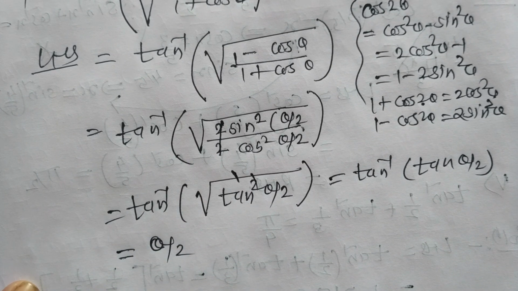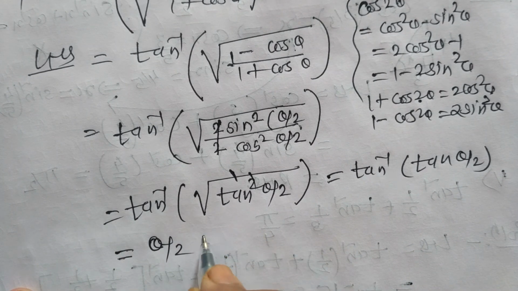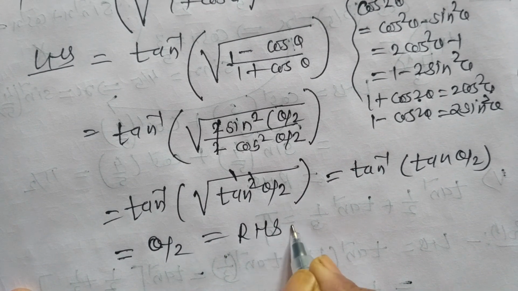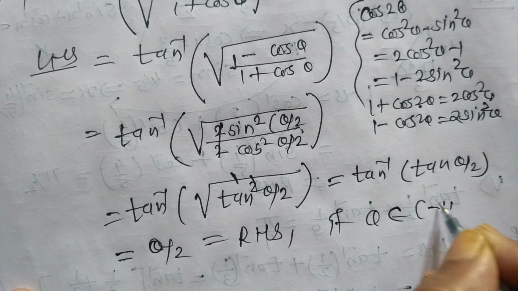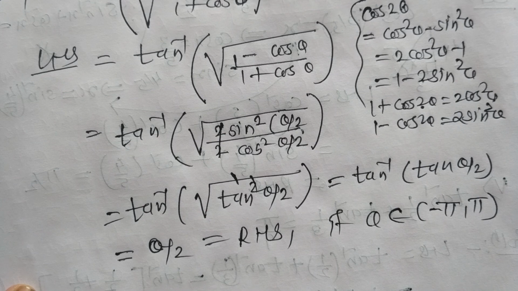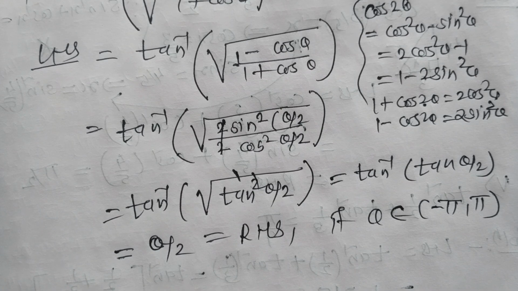Tan can be cancelled with tan inverse, meaning you get only the angle theta by 2, and that is the value on the right side if theta belongs to the open interval minus pi to pi, meaning the range along the x-axis at which the corresponding cosine function is defined. So in this way we solve all questions from the exercise of the trigonometric function, which is the last exercise of trigonometric function.